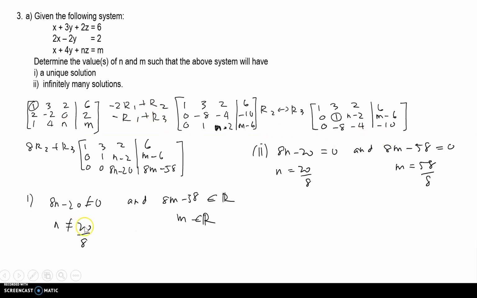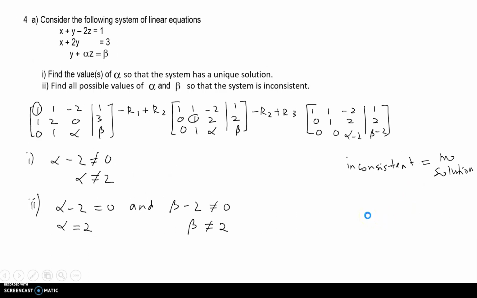After that, using the condition for a unique solution, the left part is not equal to 0 and the right part is any real number. So you solve this, n not equal to 20 over 8 and m any real number. For infinitely many solutions, the condition is both equal to 0. So n equals 20 over 8, m equals 58 over 8. I hope that one is okay with you.